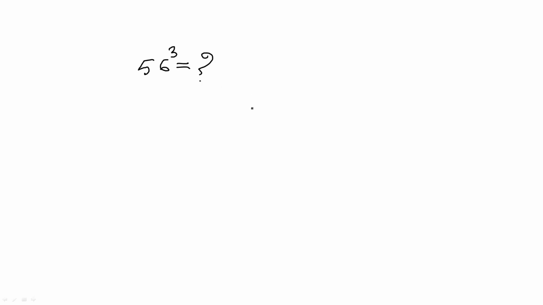First you find out the 5 cube. 5 cube is equal to 125. Clear? And 6 cube will be 216. Got it? And after that, in between, 5 square is 25. 25 into 6 is 150. And now 6 square is 36. 36 into 5 is 180.